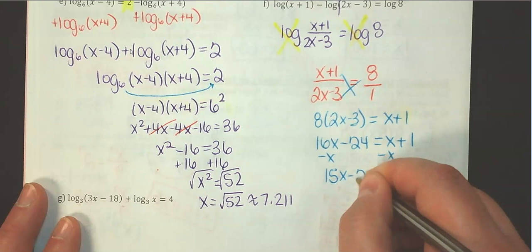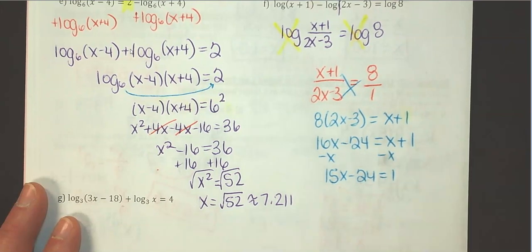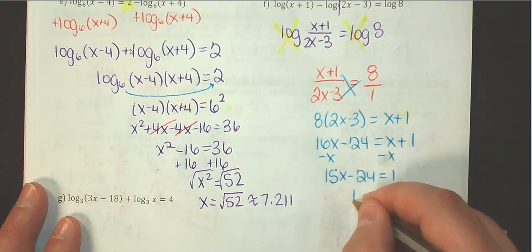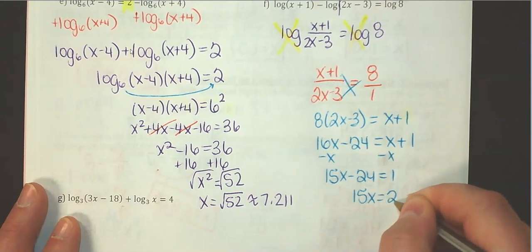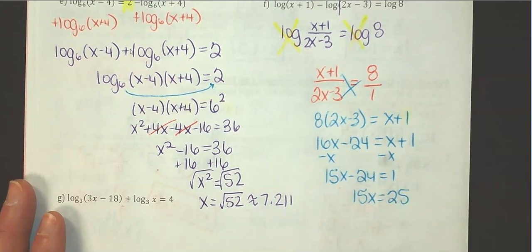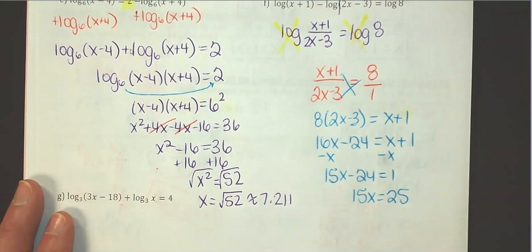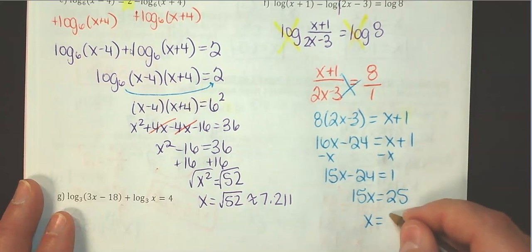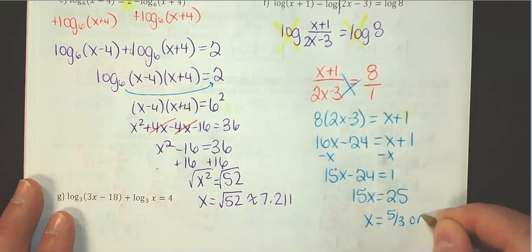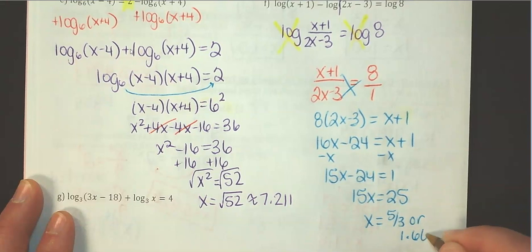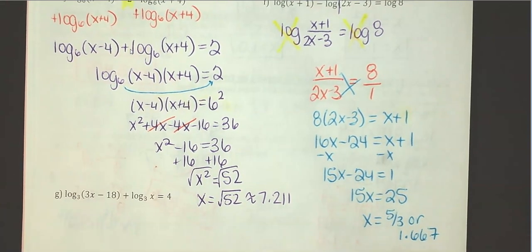So I'd have 15x minus 24 equals 1. I'd add the 24. So I'd get 15x equals 25. So we're going to do 25 divided by 15. And that should be 5/3, or if you want to write that as a decimal, it's 1.667 rounded to 3 decimal places.